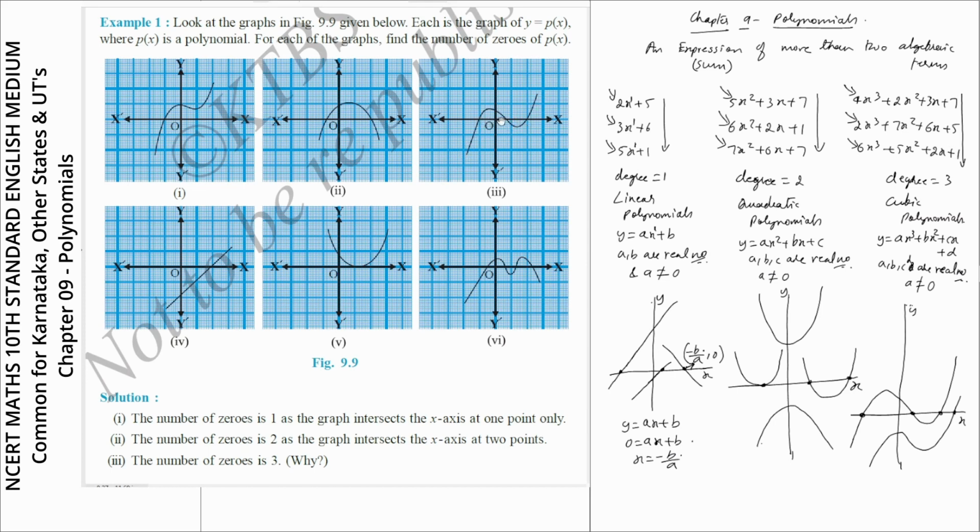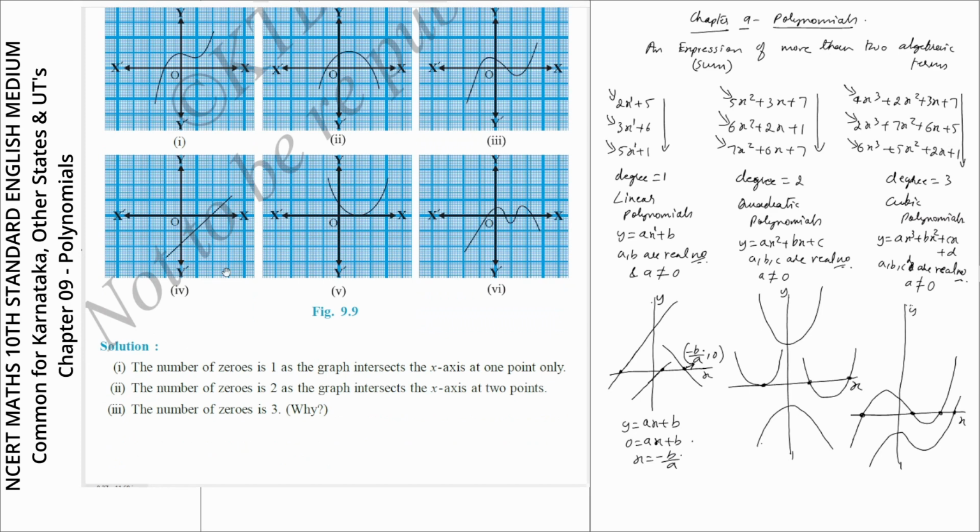First point is here, second point is here, third point is here. Therefore the number of zeros is 3. The number of zeros of a polynomial is simply the number of points at which the polynomial cuts the x-axis. That's it.